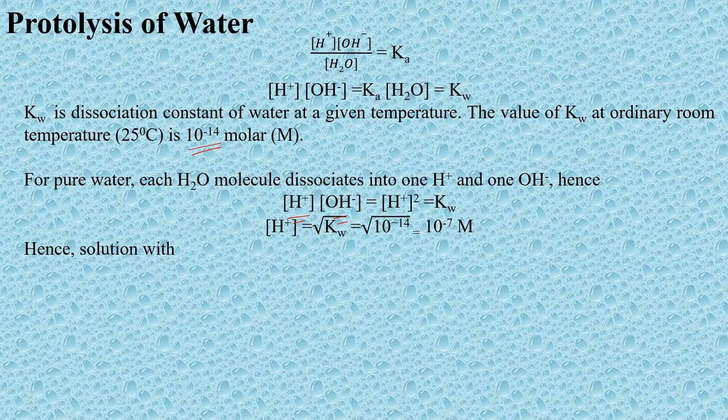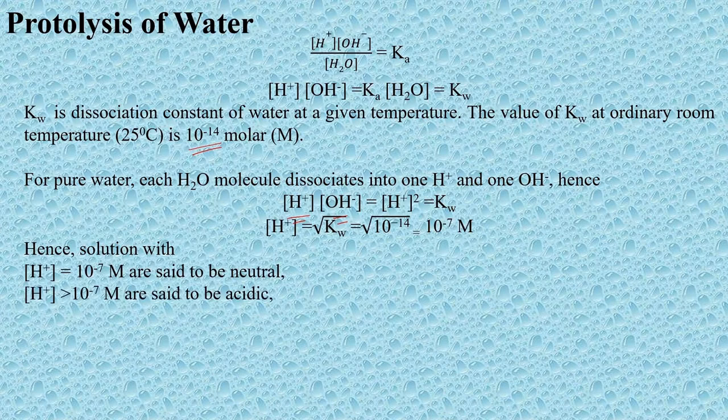Hence, solutions with H+ concentration of 10 to the power minus 7 molar are said to be neutral. If H+ concentration is greater than 10 to the power minus 7, they are said to be acidic, and if the H+ concentration is less than 10 to the power minus 7, they are said to be basic.